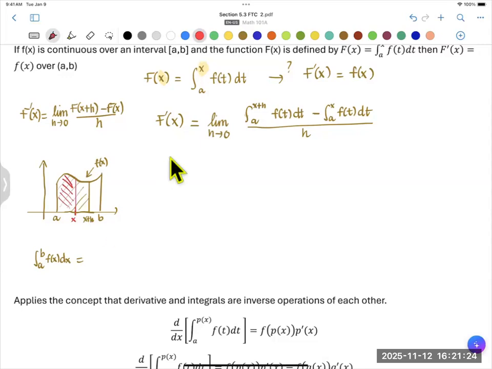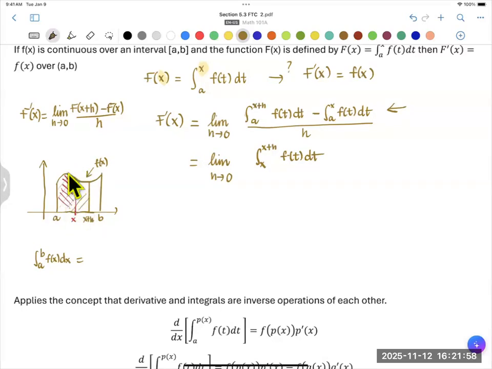So I'm going to have the limit as h approaches 0, and instead of writing this, I can write the integral from x to x plus h of f(t) dt. Is that possible? Yes, because from a to x plus h is the area under the curve of this region, and from a to x is the area under the curve of this region.